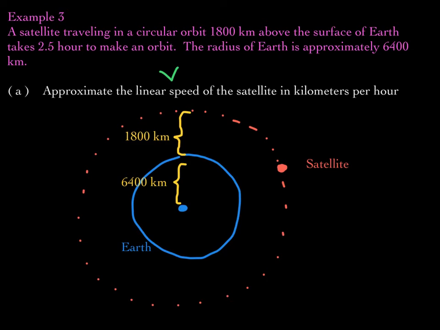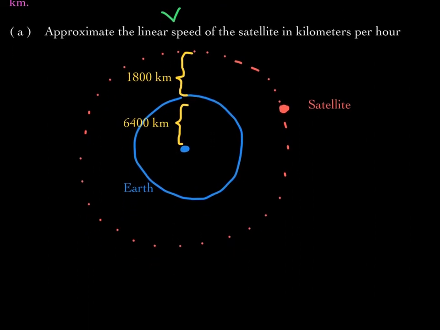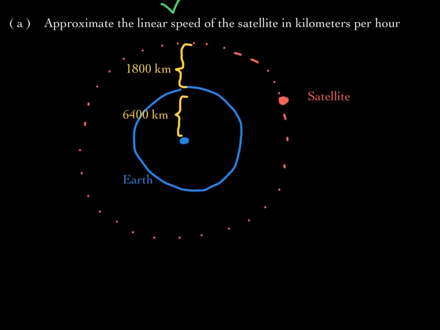All right, the first thing I want to notate here is that I'm thinking about using this formula: v, the linear speed, is equal to the product of the radius, which they've given me, and omega, the angular speed. You have to be careful here because the radius is not just the radius of Earth.